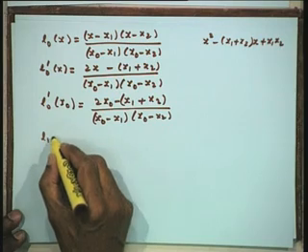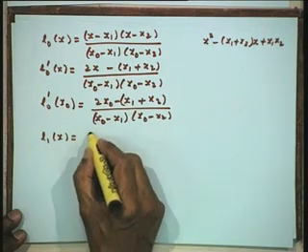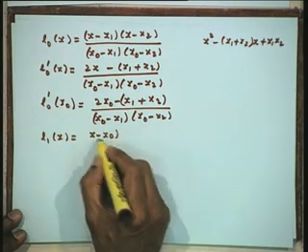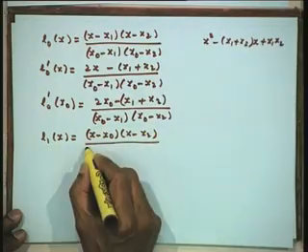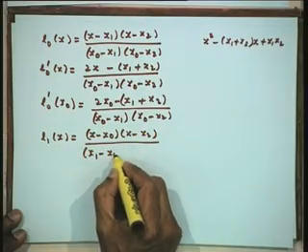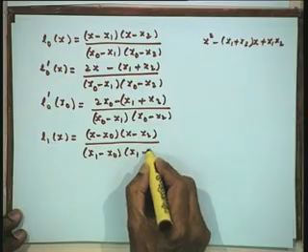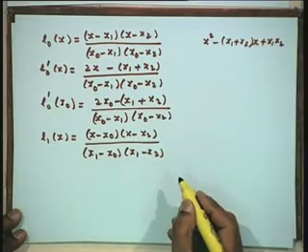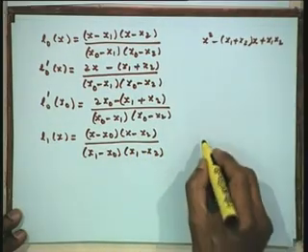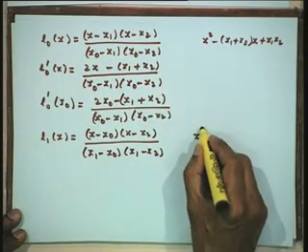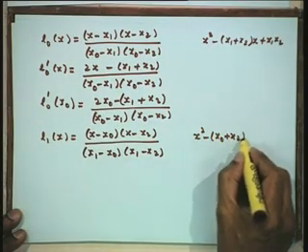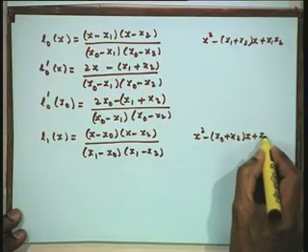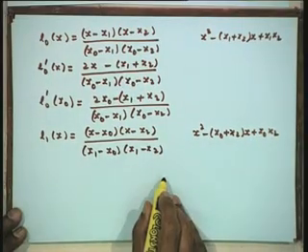Now, let us write down L1(x). L1(x) is (x minus x0)(x minus x2) divided by (x1 minus x0)(x1 minus x2). Now, the numerator, let us multiply it out, is x squared minus (x0 plus x2) x plus x0 x2.